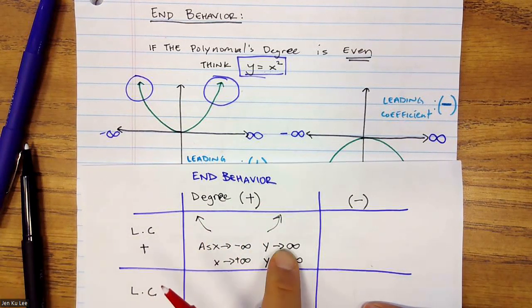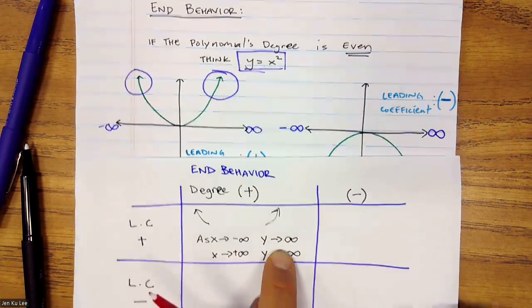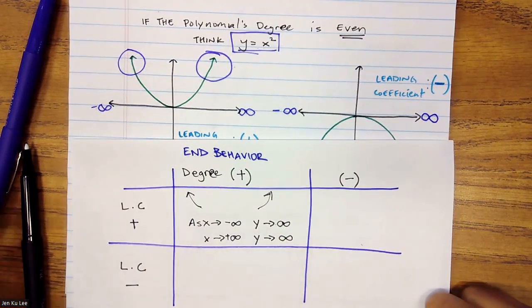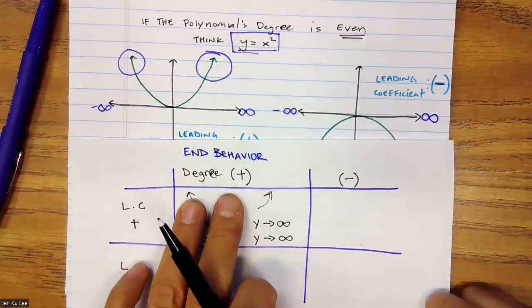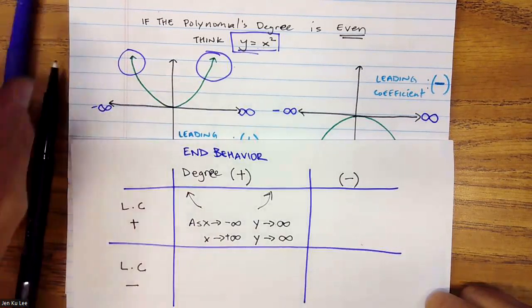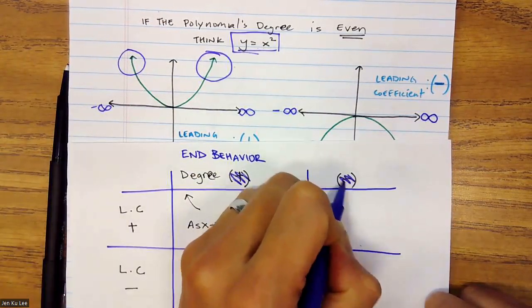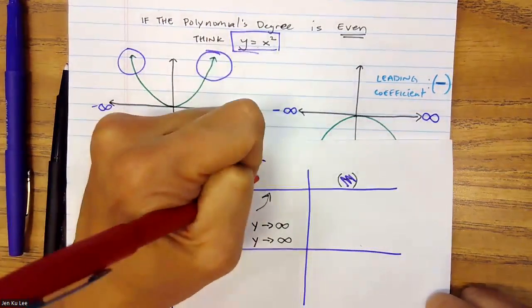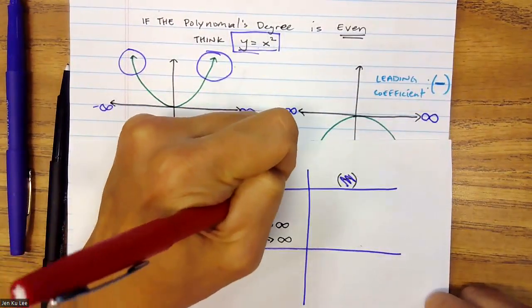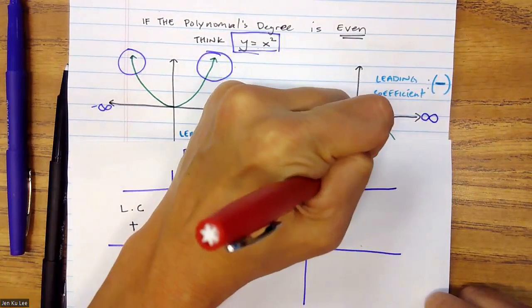They go up and up, so they're both going towards positive infinity. Oh no, I'm sorry, I put plus and minus here. I should have put even. And if your degree is odd.